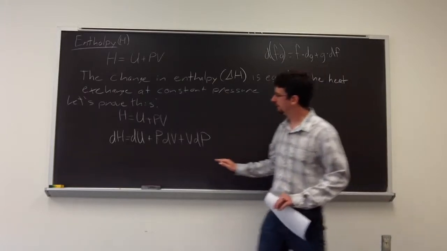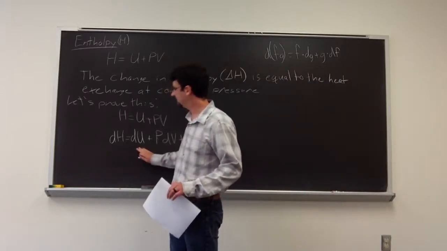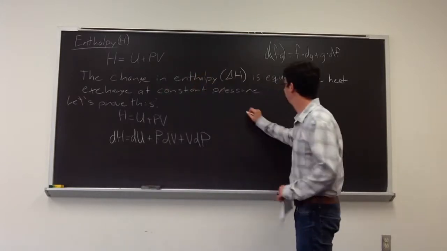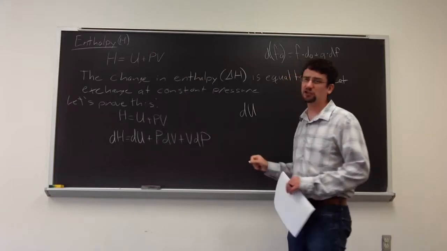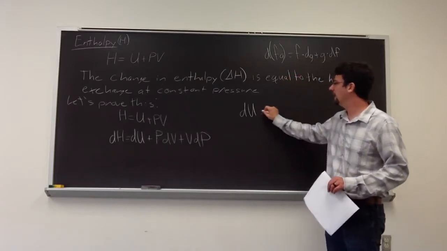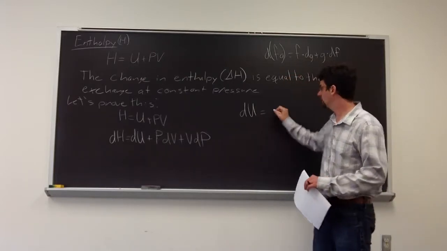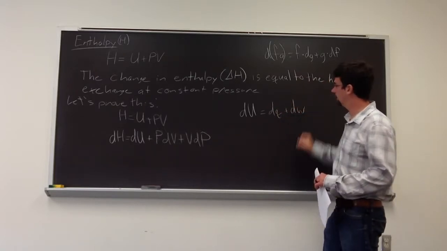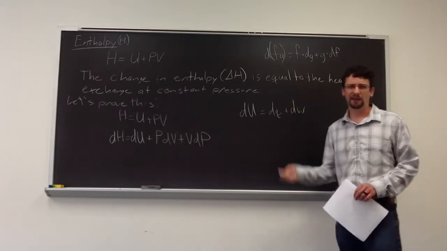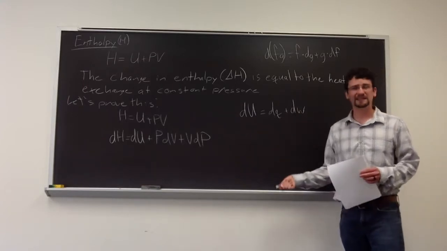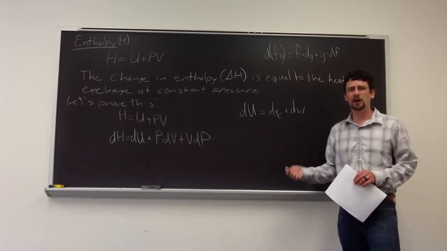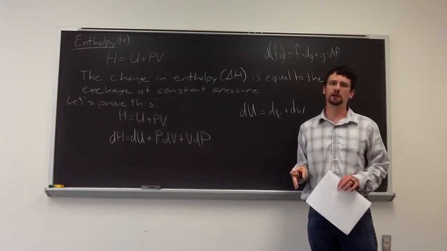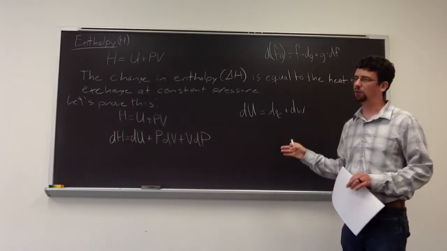Now it looks like our situation has gotten more complicated, but let's step back and think of how we've previously described dU. From the first law of thermodynamics, we know that dU is equal to dq plus dw. Substituting this in won't make our situation any better by itself. What we do have to consider is a system where only PV work is happening.